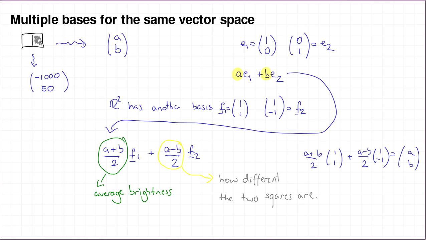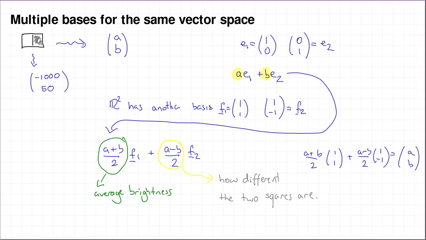Therefore, these two different bases, e1 and e2 and f1 and f2, are giving us really meaningful different ways to look at the same image. The representation in terms of the first basis is one where the coefficients tell you how bright the first square is and how bright the second square is.